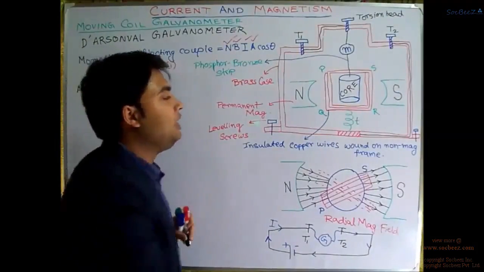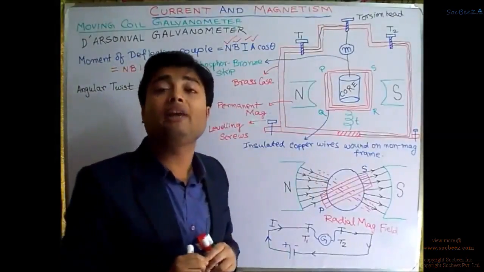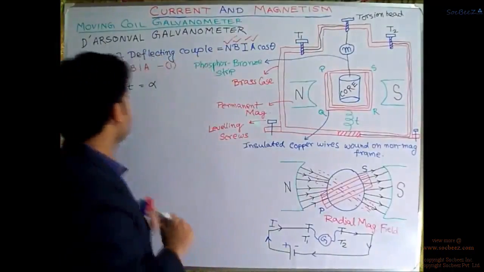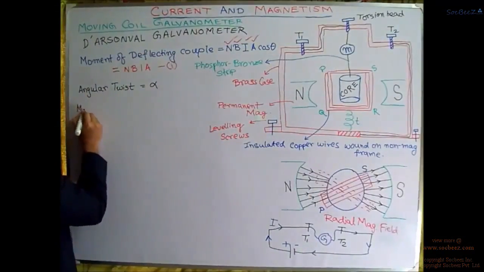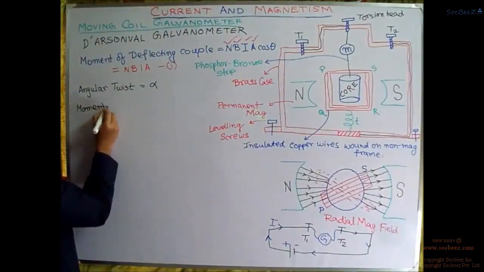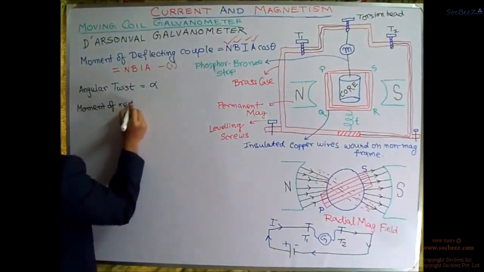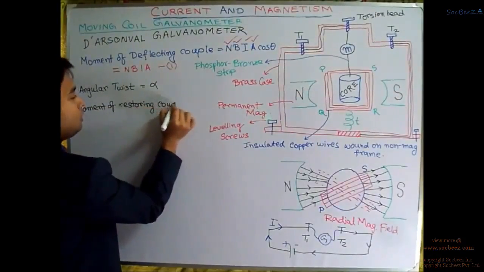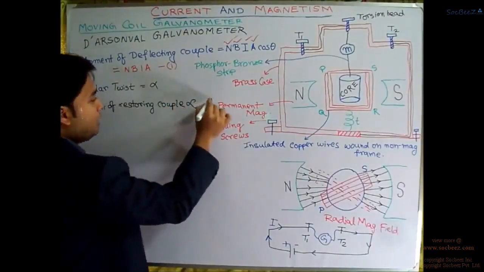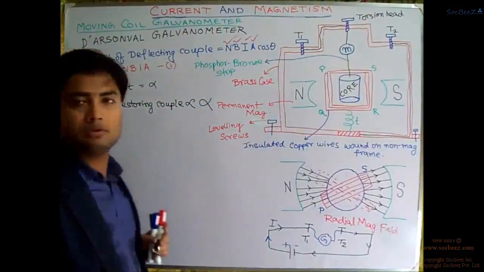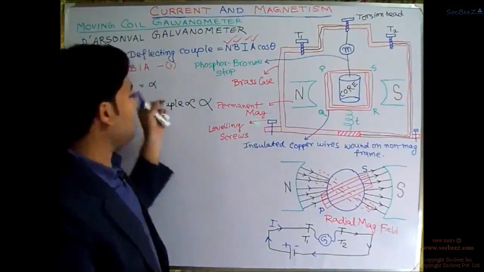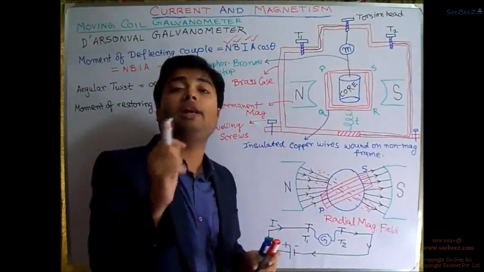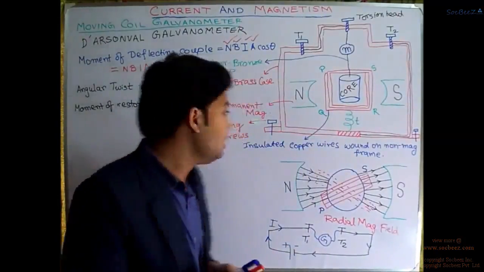And we know that due to the elasticity of the spring, there will be a moment of a restoring couple, right? So we know that the moment of restoring couple is directly proportional to alpha, the angular twist in this hairspring T, which was originally having a very small number of turns. Okay?